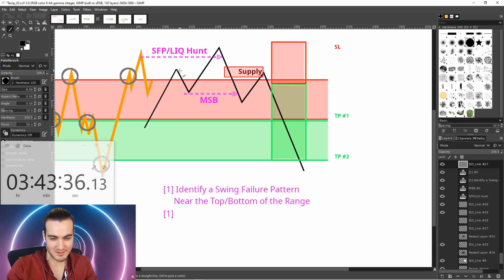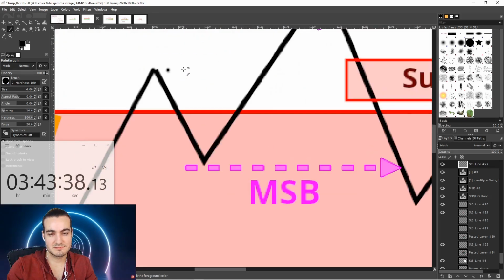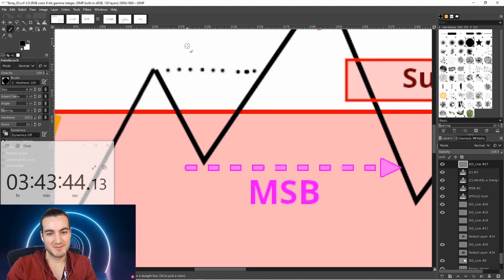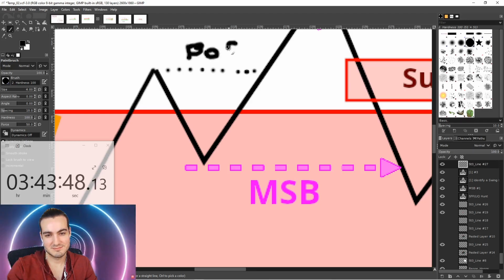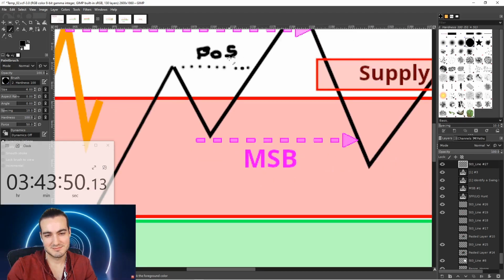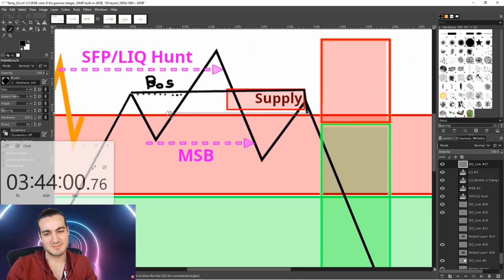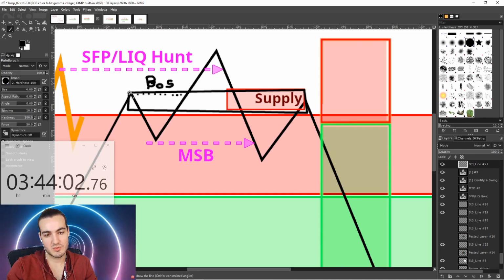So this dot would be the break of structure. This being our Quasimodo zone.